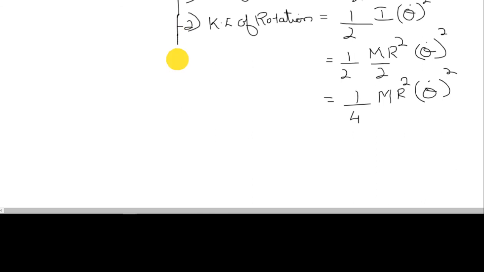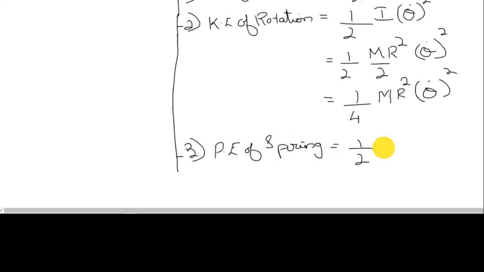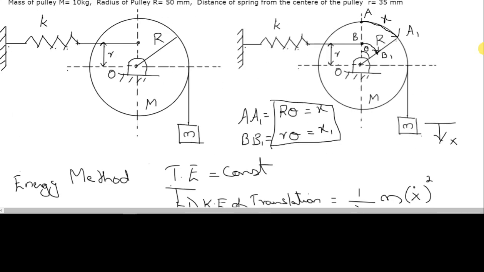And the third energy associated with this is the potential energy of the spring, and the equation is half k x square, but here the spring is moving a distance x1. We have called that x1 because it is not equal to x, because the spring is connected at an eccentric point.